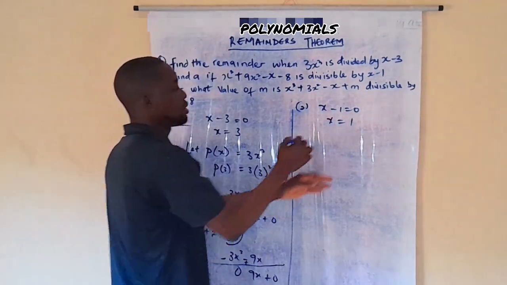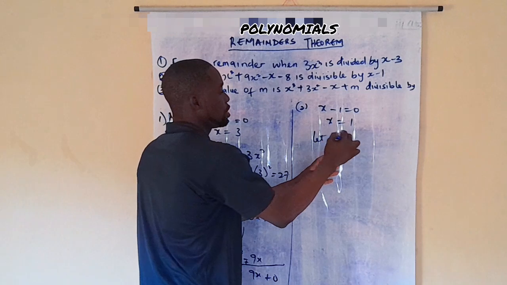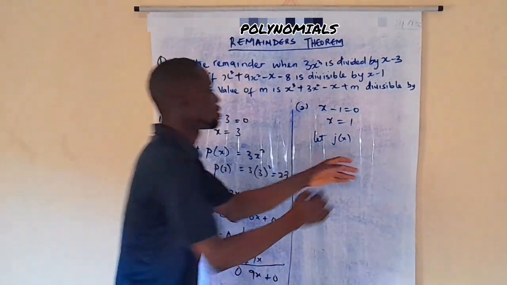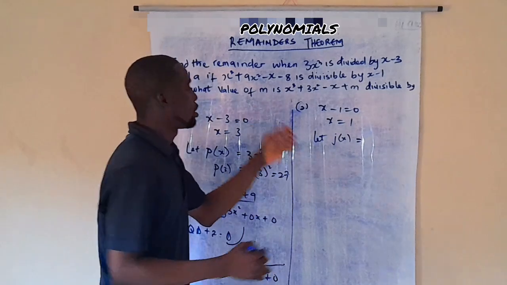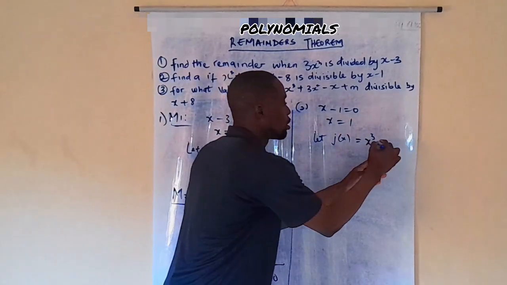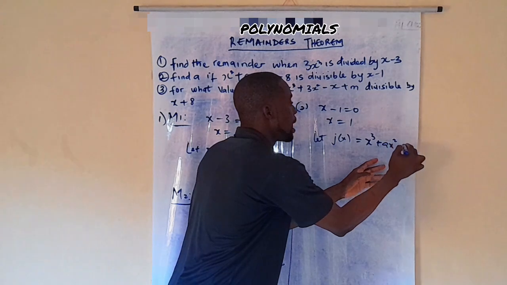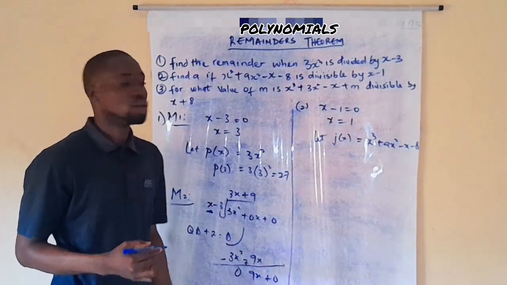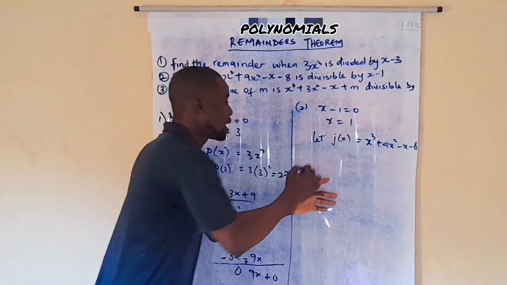And at this point, I can say J of x, you can use anything to represent your polynomial, be equal to x cubed plus ax squared minus x minus 8. And at this point, when x equals 1, what will I have?